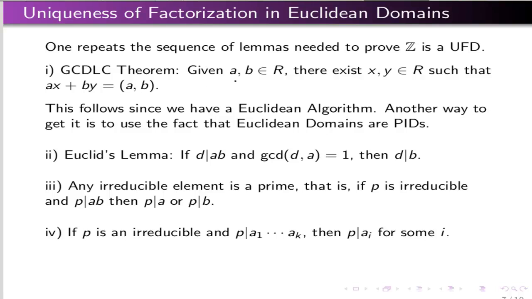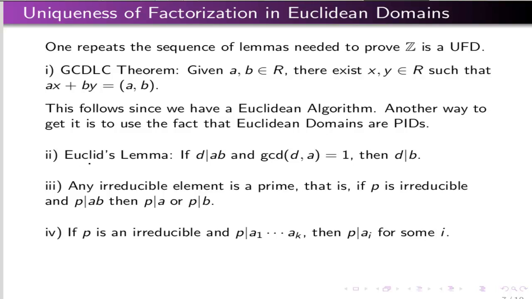You prove that for any A and B in R, there exist elements x and y such that ax plus by is the greatest common factor of A and B. And you can do this because we have a Euclidean algorithm. That's what a Euclidean domain really implies, is that you've got a division algorithm, and from that you get a Euclidean algorithm for calculating GCDs.